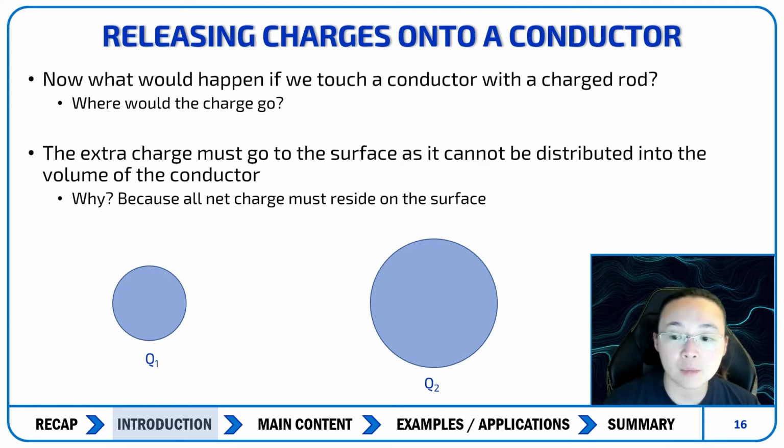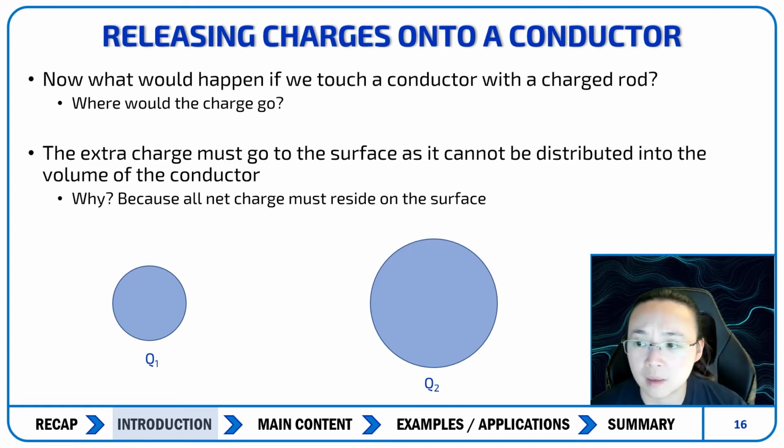So I have two examples to go through with this. In example number 1, I want to ask what happens if we put a charge Q1 on conductor 1, and then also a charge Q2 on conductor 2.